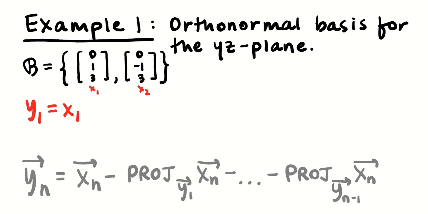Yeah, so the nth orthogonal vector is going to be the nth vector in the original set minus a series of projections, minus all the projections of xn onto the previous ones that I've already done. Okay, so if I'm starting with x1 and I'm trying to get y1, it's just got to be orthogonal to everything that came before it. But nothing came before it, so there's nothing to be orthogonal to, so we just let y1 equal x1. I'm going to kind of rearrange this.